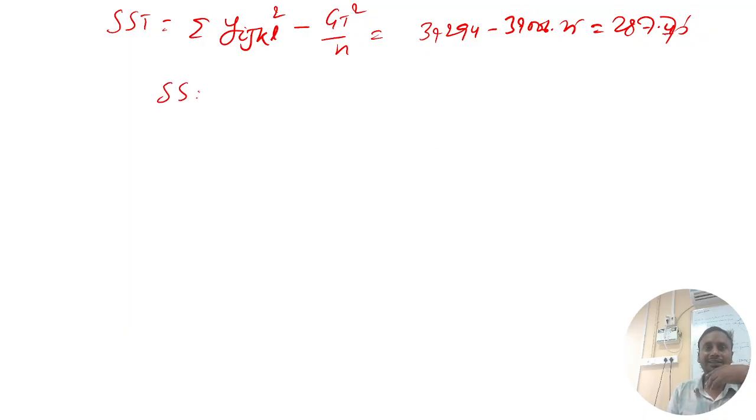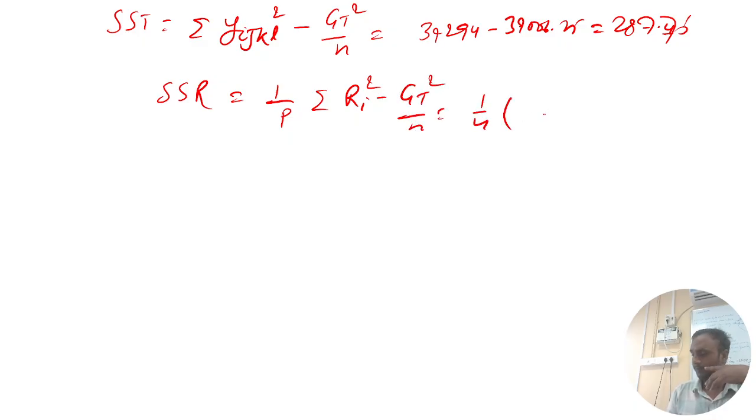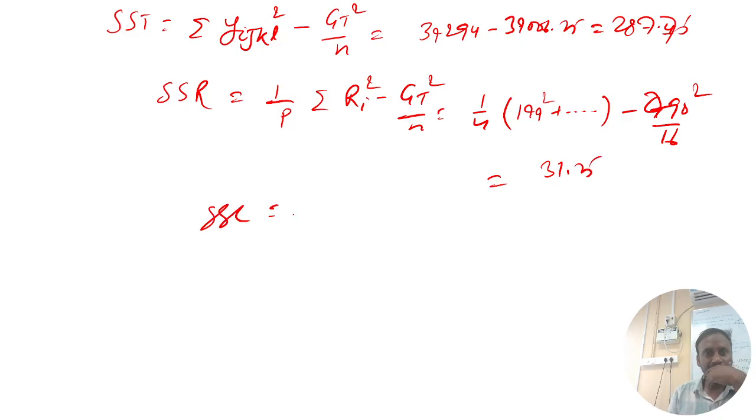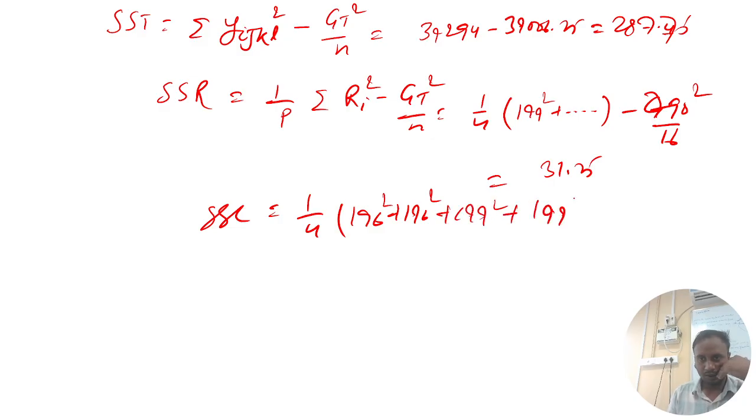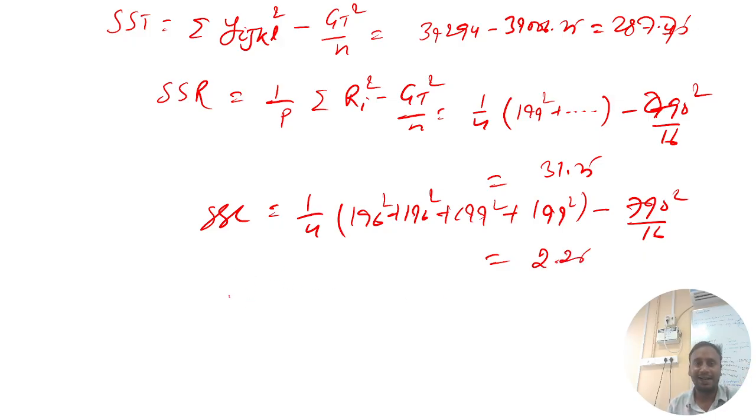Then we'll go to SSR, 1 by p summation of Ri square minus GT square by N, 1 by 4 times 199 square and so on minus 790 square by 16, it will come somewhere around 31.25. SSC, 1 by 4 times 196 square plus 199 square plus 199 square and so on minus 790 square by 16, will come to 2.2. Now we'll go with the Latin treatment.